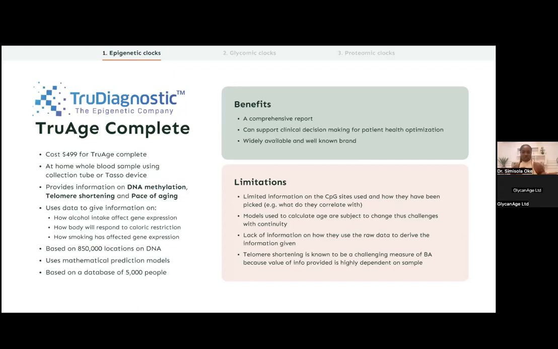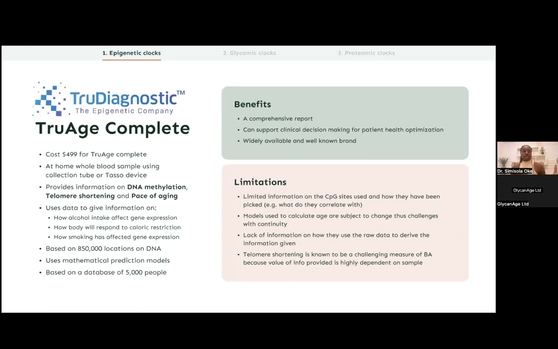Now, the TrueAge Complete product provides information on 3 different areas. They provide information on DNA methylation, on telomere shortening, and also on the pace of aging. I'm going to speak specifically about the pace of aging in the next slide, but in this section I'm going to focus mainly on the DNA methylation.